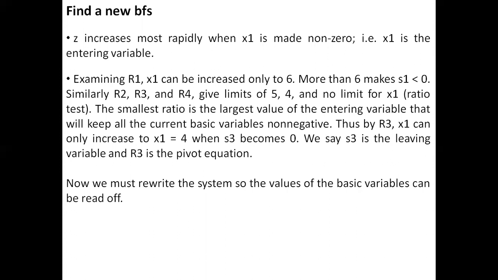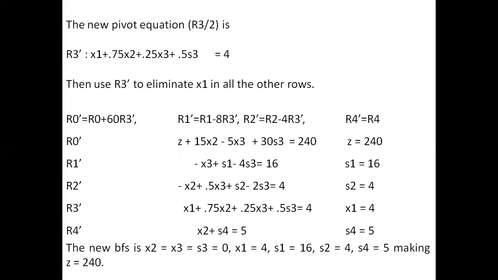The existing feasible equation can generate the solution for it. And we must rewrite that situation so that the values of the basic variables can be read out, and simultaneously solve the equation which has been obtained as a BFS, that is, basic feasible solution.